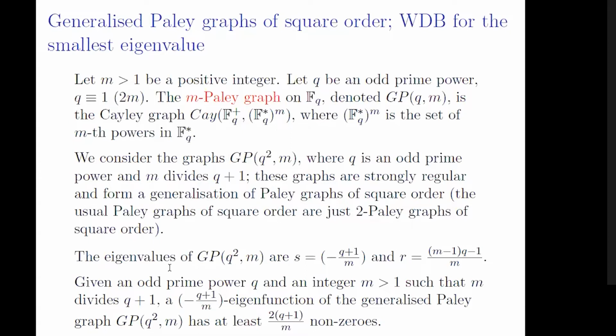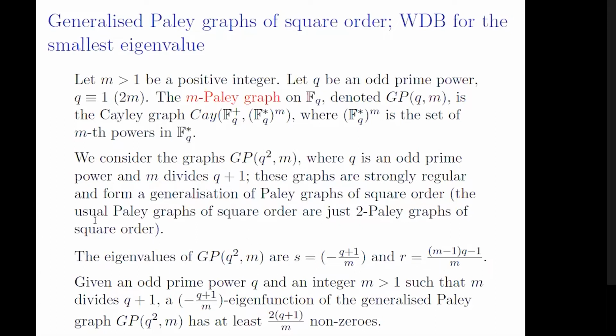And the eigenvalues of these strongly regular graphs, in the case when m divides q+1, are as follows: s is equal to -(q+1)/m, and r is equal to (m-1)(q-1)/m.